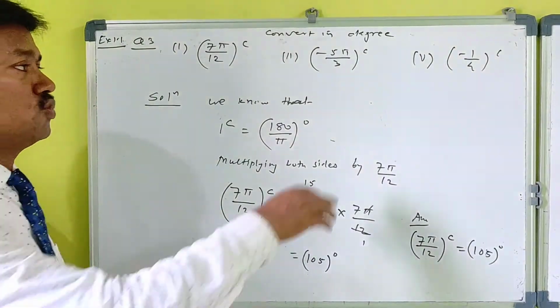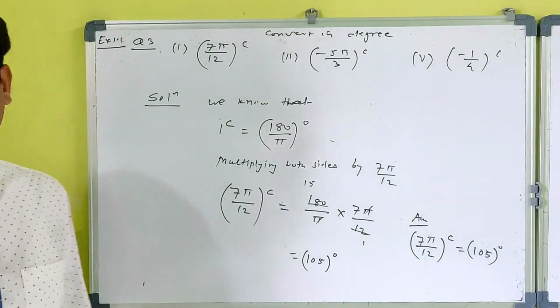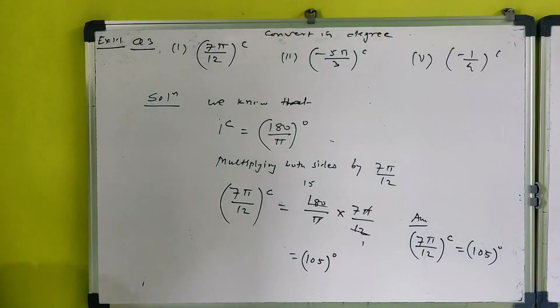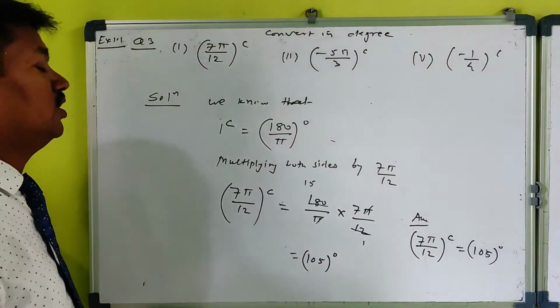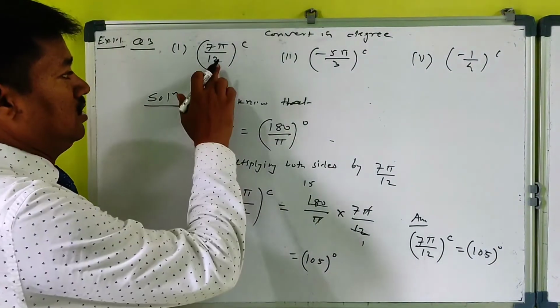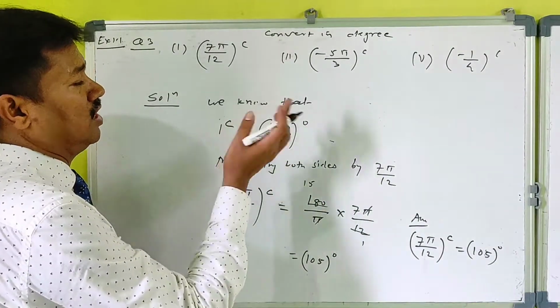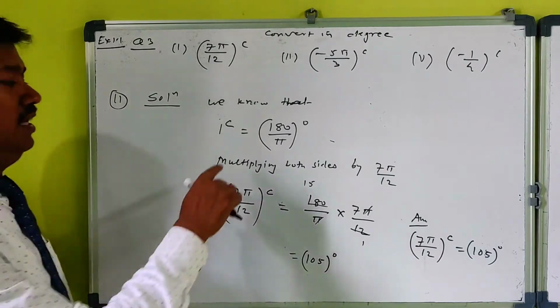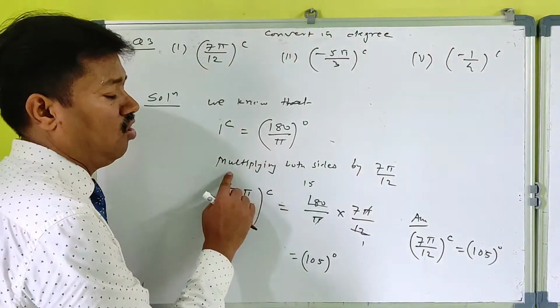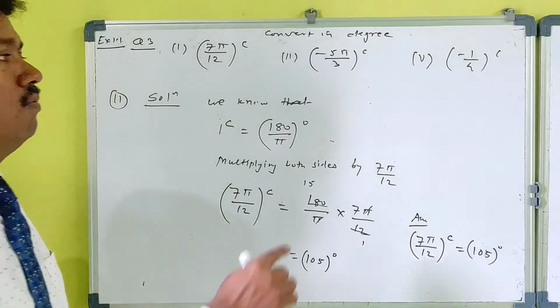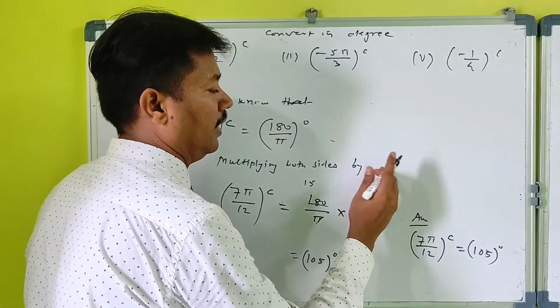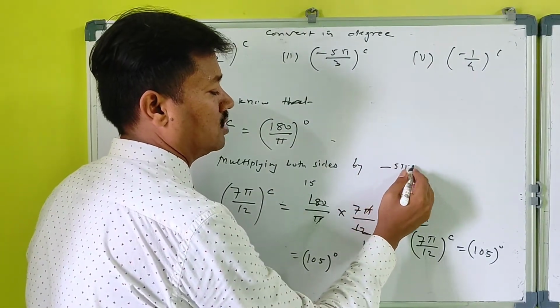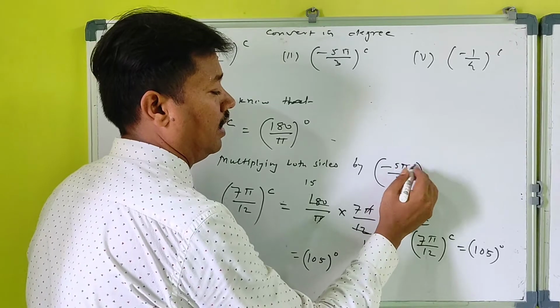So similarly the next question here. The next question भी लगभग सेम है. तो वैसे ही करना है. बात समझ में आया? सिर्फ इधर change होगा. So this 7 pi by 12 से multiply किया. तो second question में क्या आएगा? This line you have to write same. Only you have to multiply both sides by what? Minus 5 by 3.